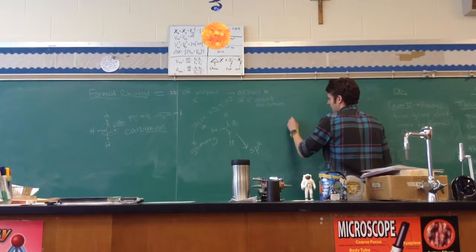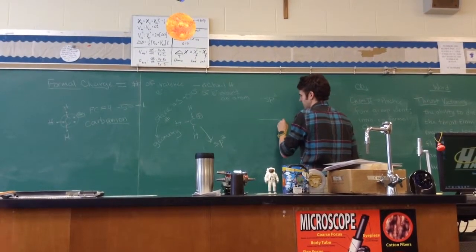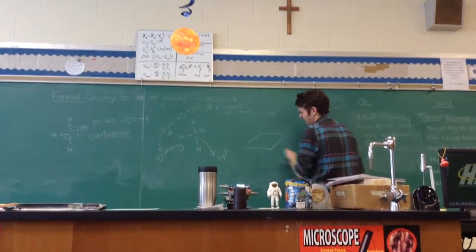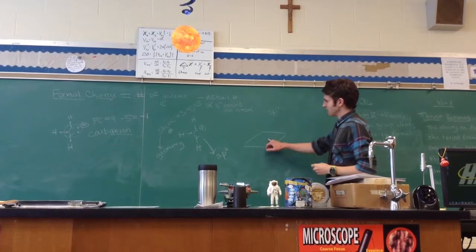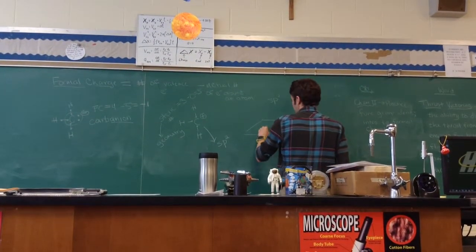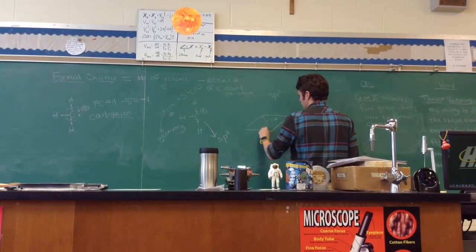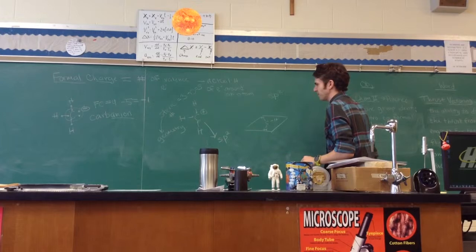Alright, so if we take our sp2 hybridized form here, and we say that this is a flat plane, our carbon and our hydrogens would be in the same plane.